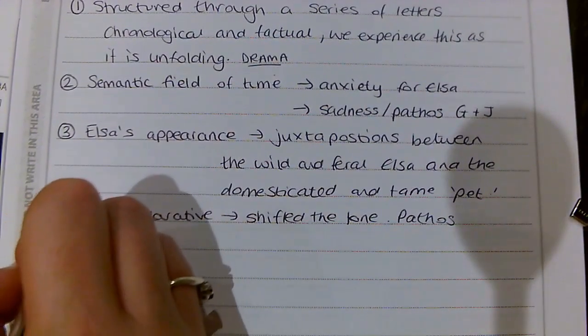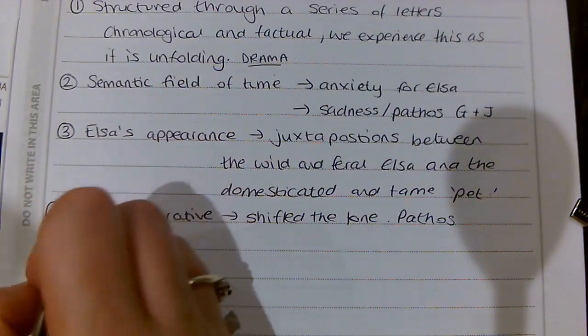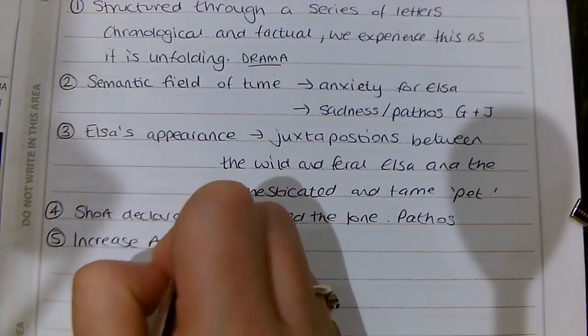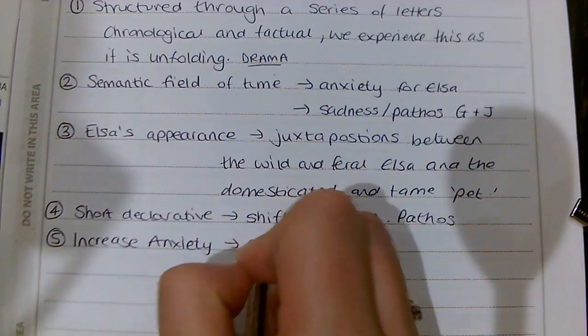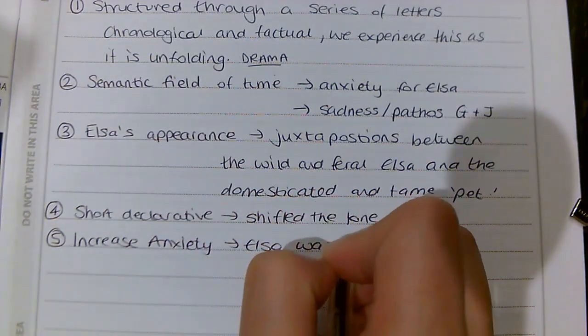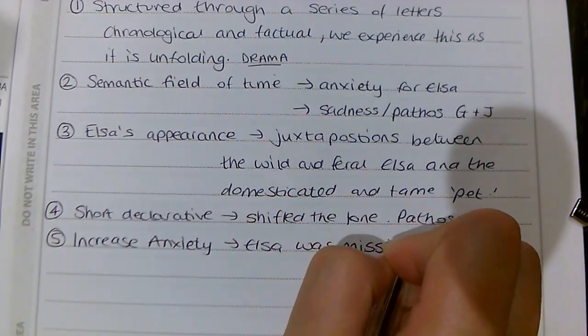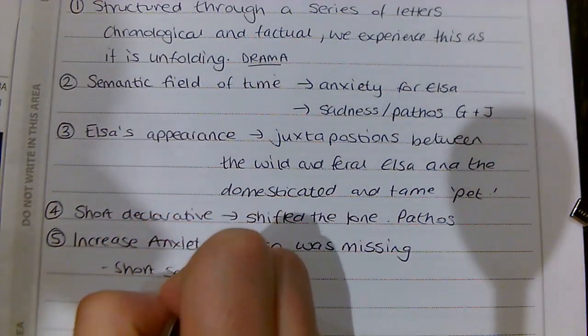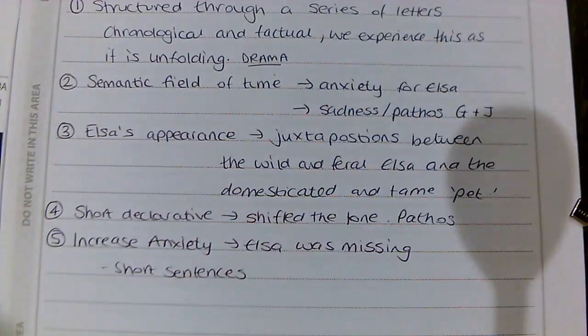The fifth point was the shift to increase the anxiety. Okay, and that's when Elsa was missing. And we had there the short sentences. Okay, so we had the short sentences.